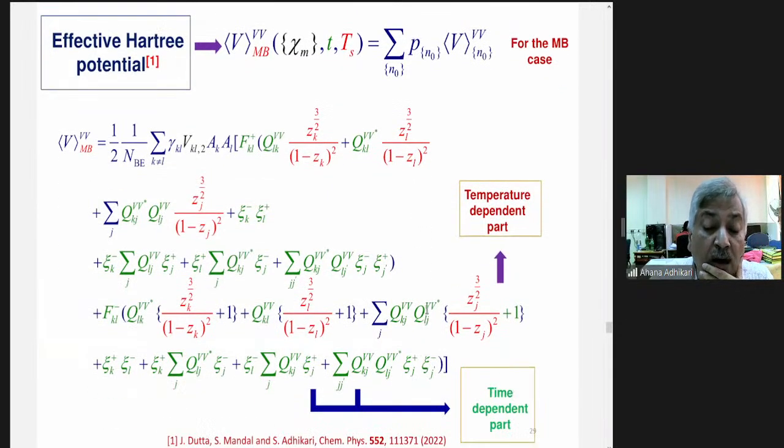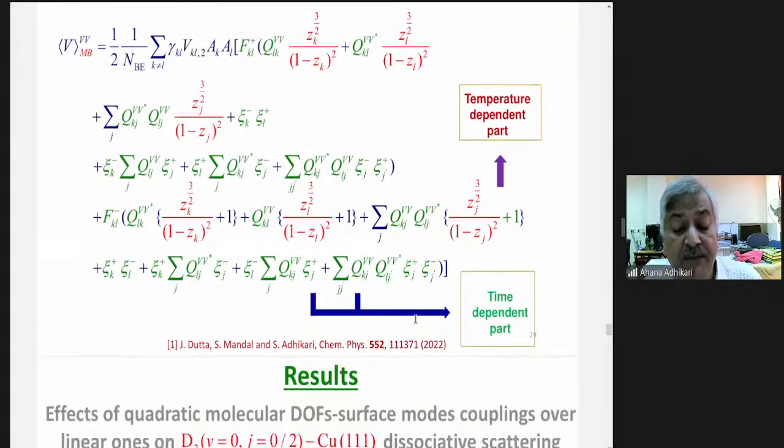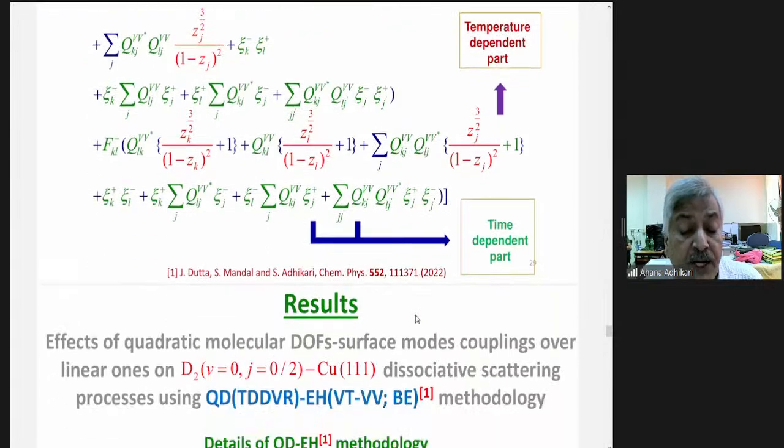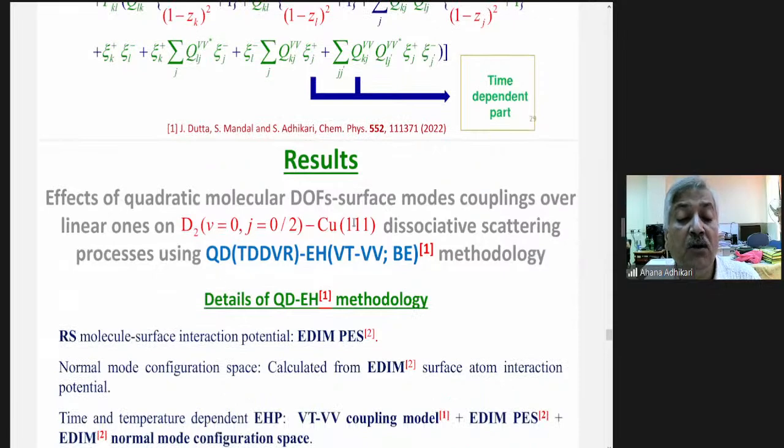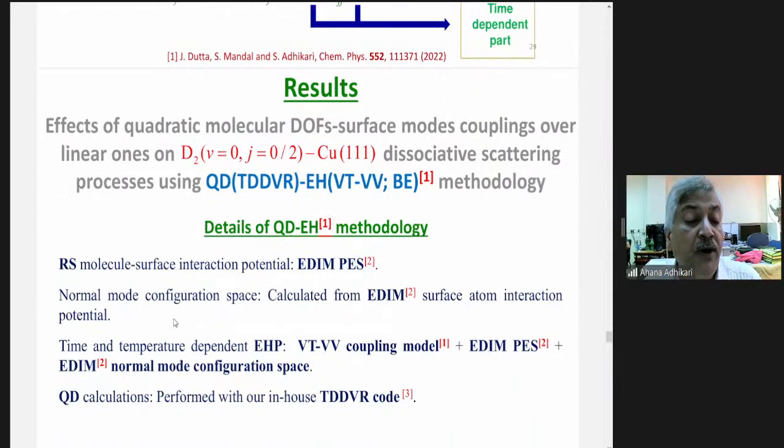With those effective Hamiltonians, you do the quantum dynamics with temperature as a parameter, for the 6 degrees of freedom. We have a preliminary result for D2 scattering on a copper surface, where you are yet to develop an accurate calculation for this case.